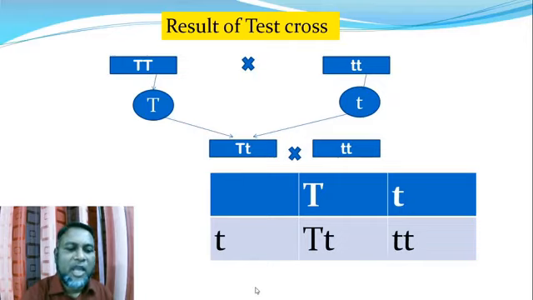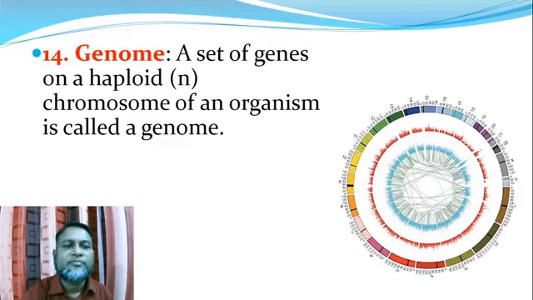When small t and small t are crossed, they produce small t small t homozygous short plants. Here we found 50% long plants and 50% short plants. So the ratio of long and short plants is 1:1. This is the result of the test cross. We found a 1:1 ratio from the test cross.